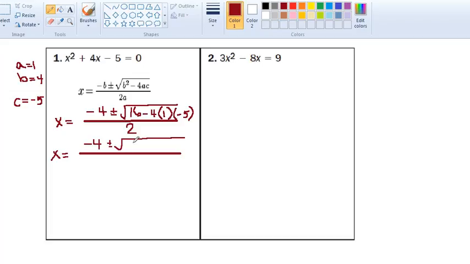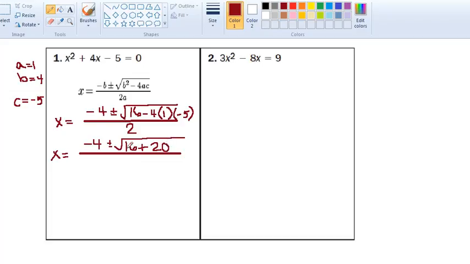We've got 16 minus 4 times 1 times negative 5. Okay, now 4 times 1 times negative 5 is 4 times negative 5, which is negative 20. So this is 16 minus negative 20. Well, that's 16 plus positive 20.